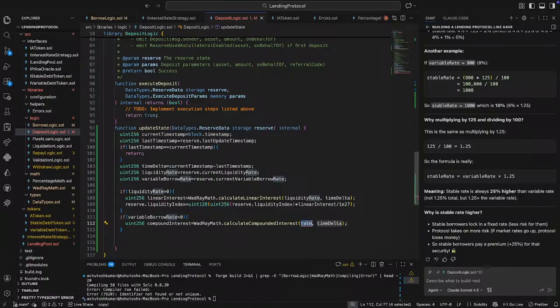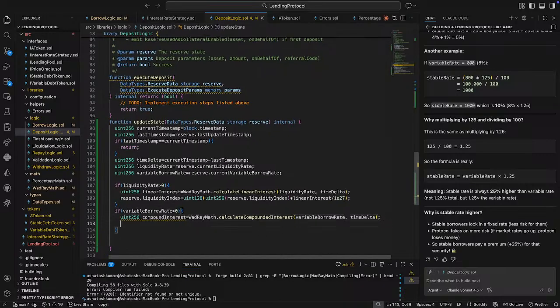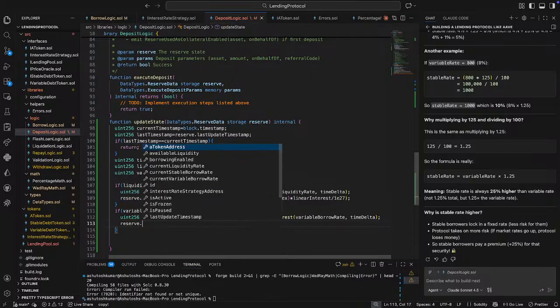We are going to pass variable borrow rate, into time delta, and then we just update reserve dot variable borrow index, current borrow rate, current liquidity index.